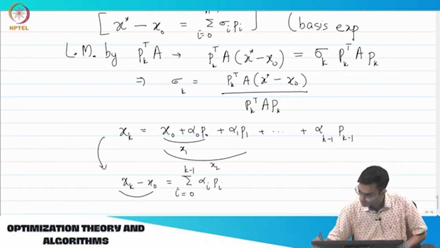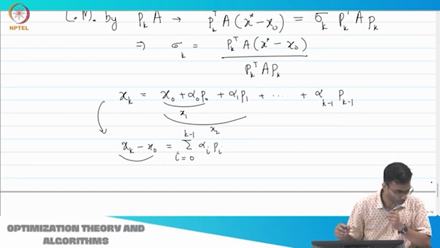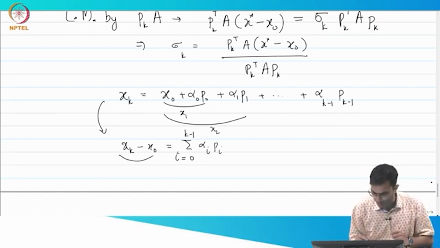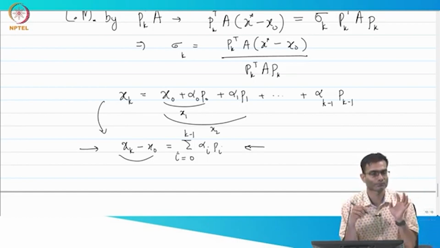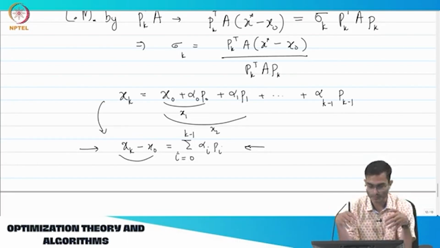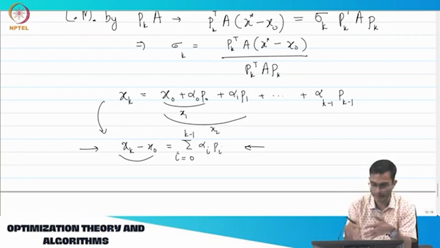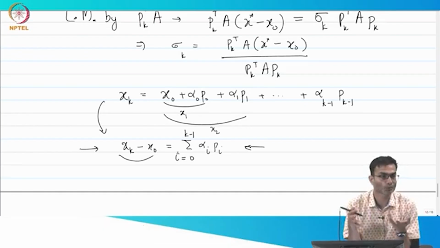Okay. Having gotten this expression, let's apply our usual trick. What is our usual trick? To kind of decimate this. I don't know these alphas. Do I know these alpha i's, for example? I do know these alpha i's, right?